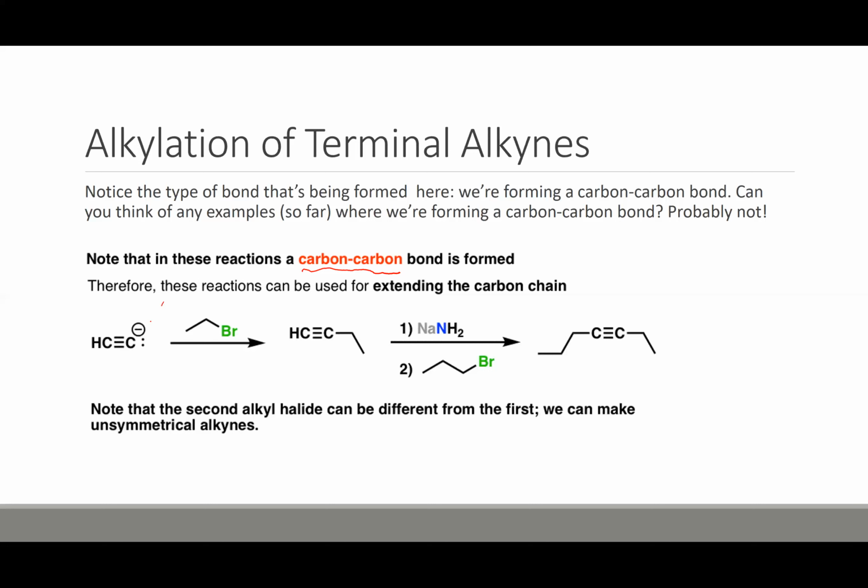The acetylide ion is already made. And we're adding a 2 carbon long chain. So here's that 2 carbon long chain. And then we can remove this proton. So we put some more strong base there. And we can then further extend in the other direction. This is a 3 carbon long chain. So you can see here is the 3 carbon long chain.